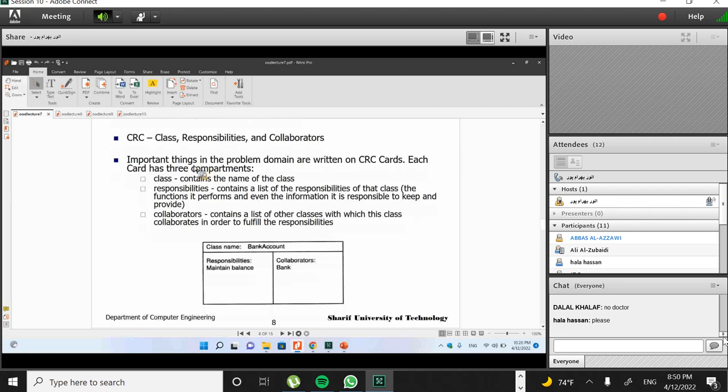The important thing's title or name should be written as a candidate class, as a class name, and the responsibilities of that important thing would probably be the responsibilities of the candidate class, and the collaborators are other classes that help this class to do its responsibility.